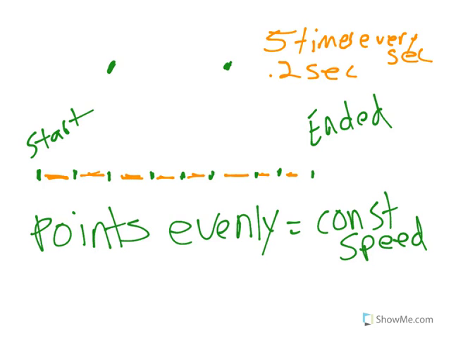So for this one that I've drawn here, this would have been 0.2, 0.4, 0.6, 0.8, 1, 1.2, 1.4, 1.6. So for the one I've drawn, 1.6 seconds will have passed. All right? So we know that 1.6 seconds passed, and that for every space between those dots, 0.2 seconds passed. So we've got this data.